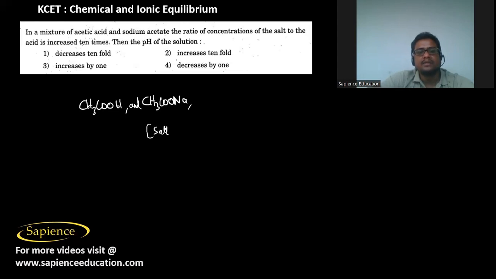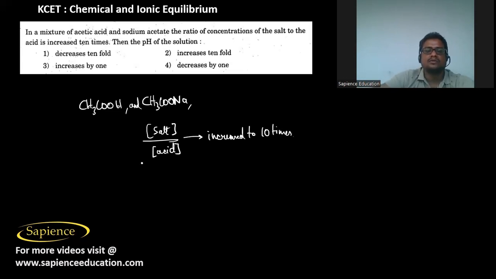Then how the pH of the solution will change, that we have to find. So it is a mixture of a weak acid and a basic salt of the weak acid.